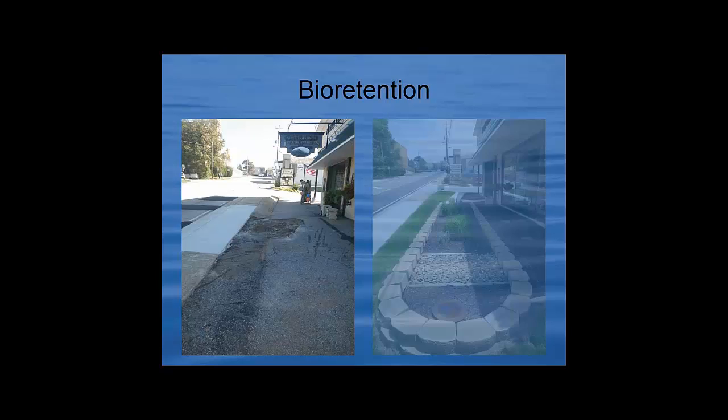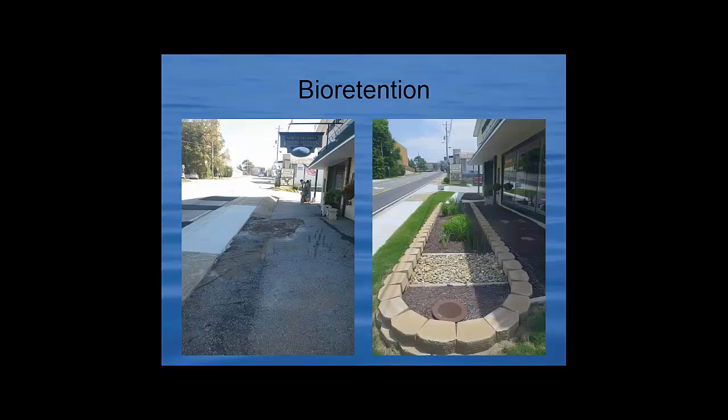So what we came up with was a bioretention area. This captures runoff from the roof and also some that travels down the roadway here and from this parking lot, and it's all routed into the bioretention area where we get infiltration, treatment by soil microorganisms prior to discharge.